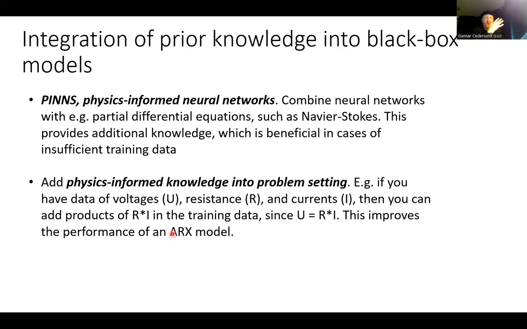So if what you are looking for is a relationship between the voltage, the resistance, and the current, and you have data for all of those for some kind of device that you want to characterize, then maybe instead of just sending in the voltage, the resistance, and the current, maybe you should also send in the resistance times the current as a new variable into the model.